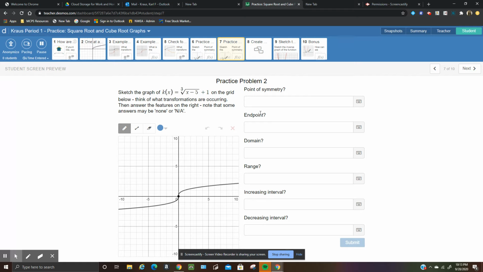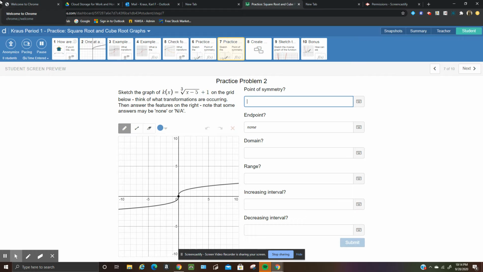All right. Next, this does have no endpoint. It has a point of symmetry. So we want to sketch this again. Let me see if I can plug in my slate here and get it to work, because that would be much better than me trying to draw with a mouse there.